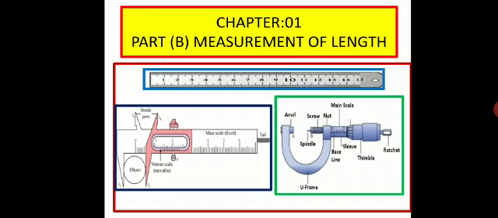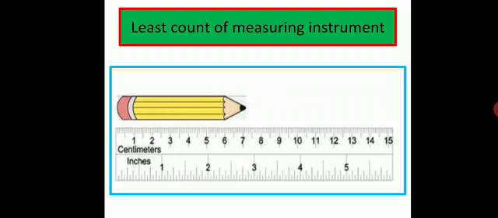Now suppose you are asked to find the length of a pencil. How will you proceed? Naturally, you will take the pencil and place one end of it at the 0 mark, right? And you will see where exactly the other end falls.